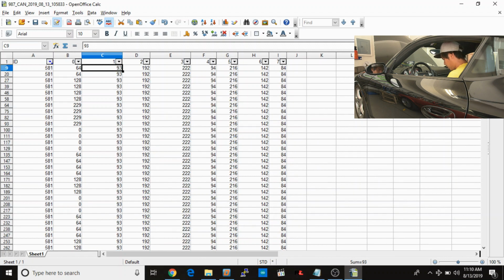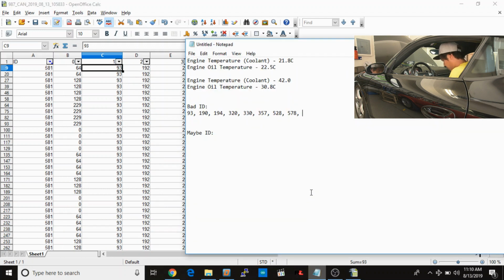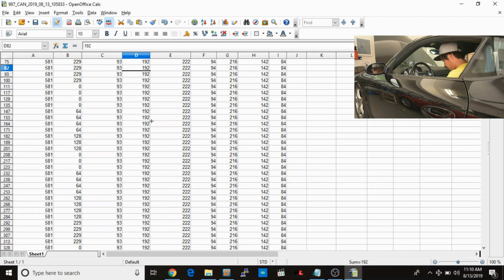So that's interesting, and I'm going to make a note of that: a maybe ID is 581, position 1. I don't know if this is coolant or oil, but we'll figure out a way to figure that out quickly once we grab another iffy one.